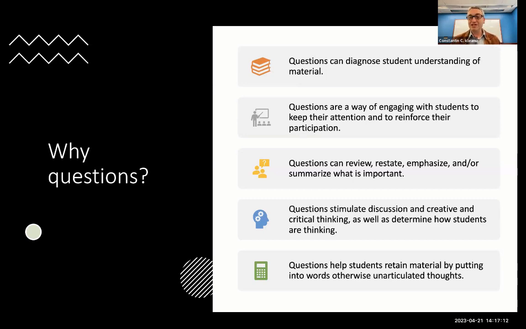Questions are a way of engaging with students to keep their attention and to reinforce their participation. We want participation, and I was thinking about this, why is it that we want participation? Is it just so we don't hear ourselves talk for too long? But we want participation because it helps the student retain more.